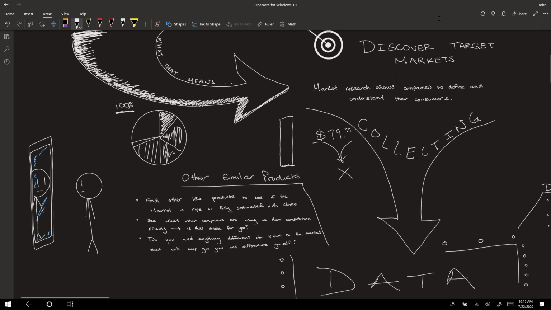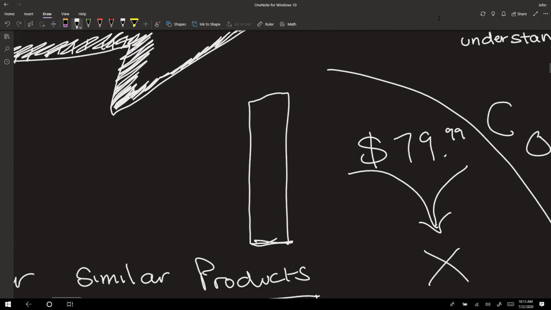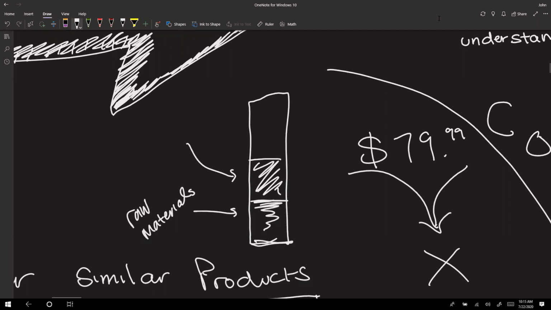Because when they price that, they're pricing in the cost of how much it took them with the raw materials, how much the raw materials cost them, then how much the labor cost them, right? Because they have to pay their employees to turn the raw materials into shoes.